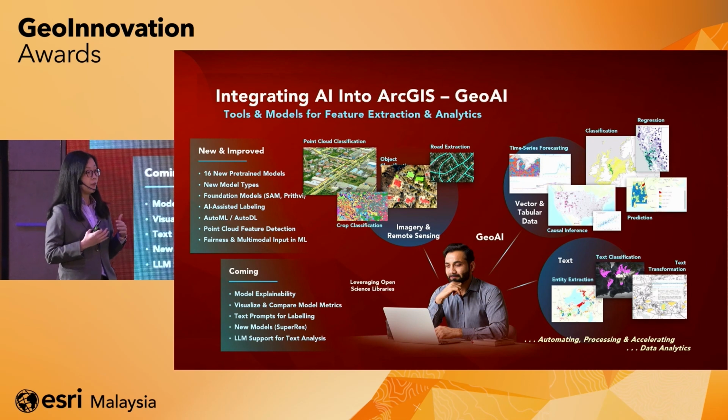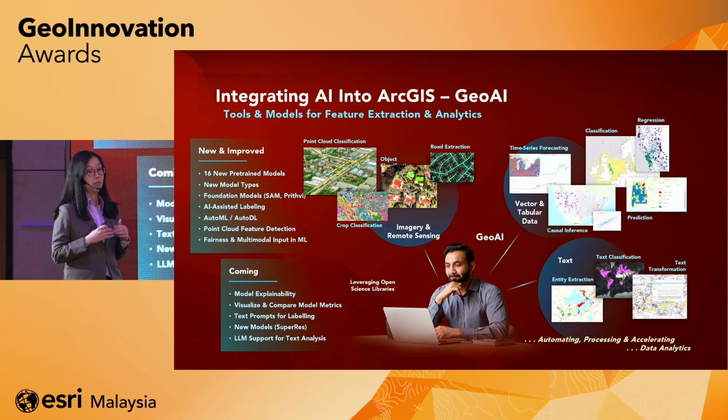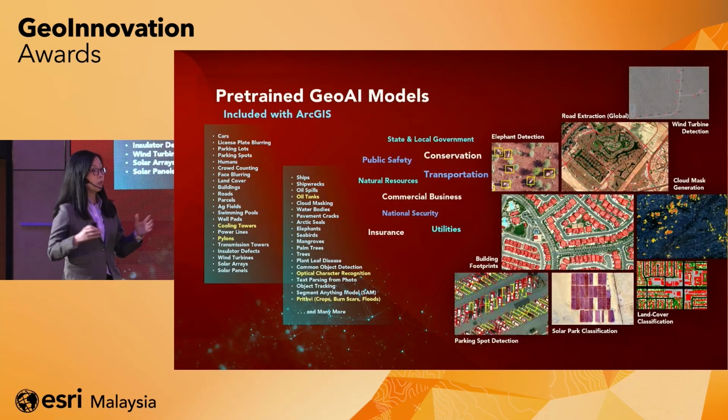This year itself, we have released 16 pre-trained models. Let me touch a little bit on what a pre-trained model is. In total, you have 60 pre-trained GeoAI models in Living Atlas. You can download them, use them, maybe retrain them a little bit, make modifications to fit your needs.